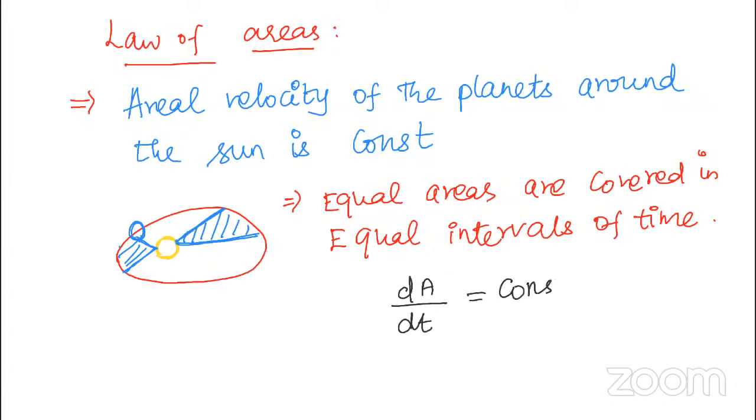Sometimes they give the relation as delta A by delta T is equal to constant.